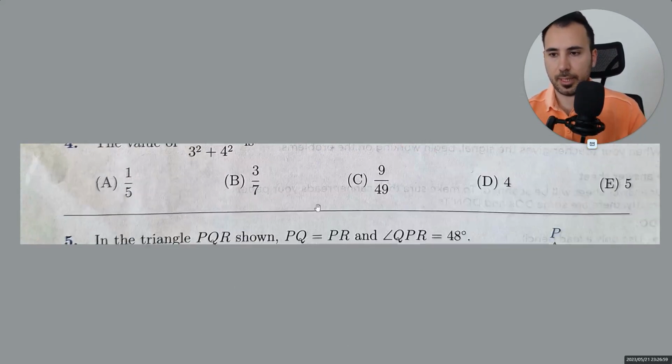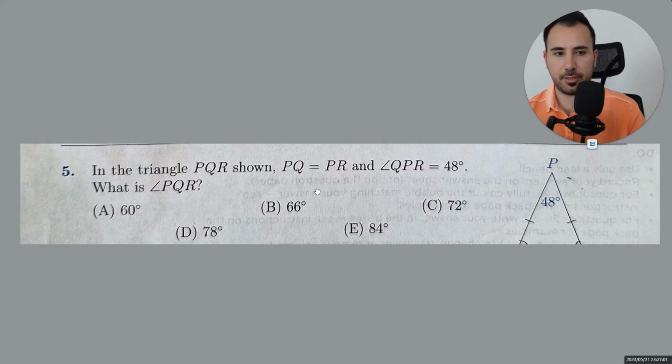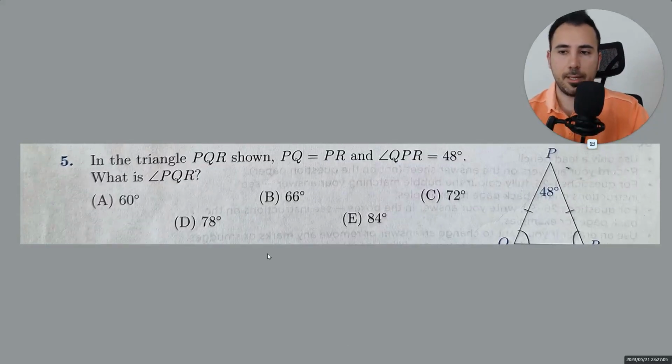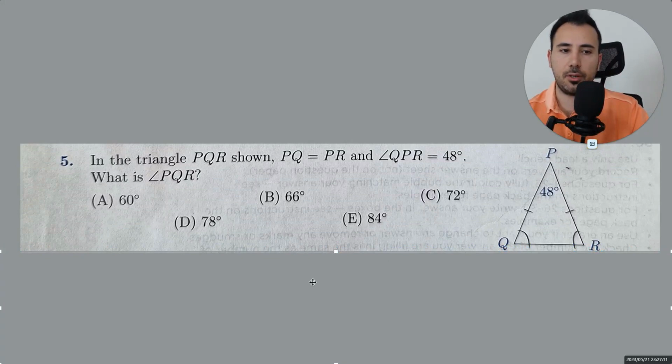So let's go and do question 5. In this triangle PQR, these two sides are the same, and angle QPR is 48 degrees. These two parts are for Raven. These are not for the questions, so he put them there. Again, not very difficult.